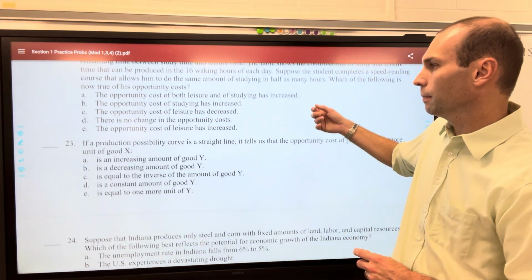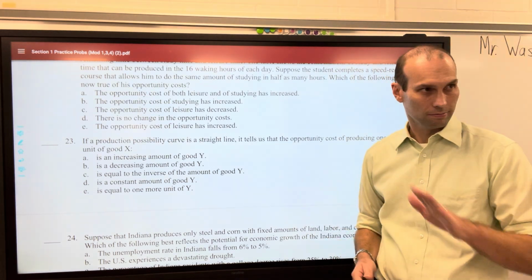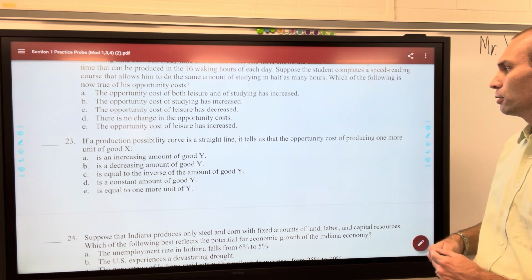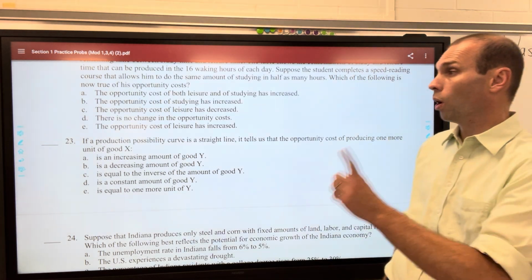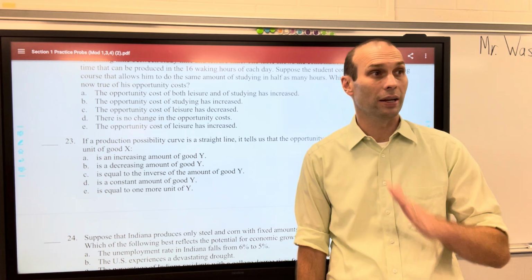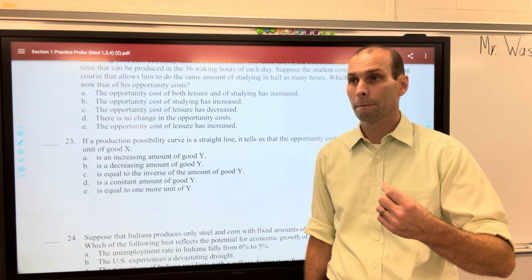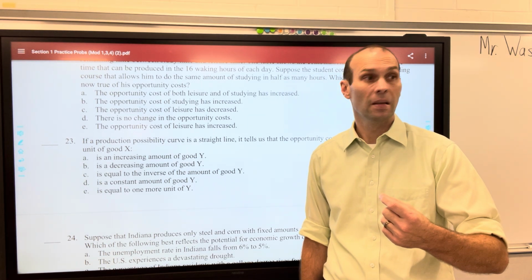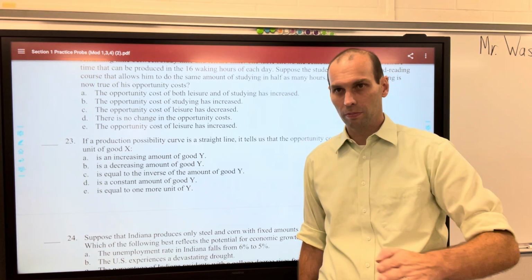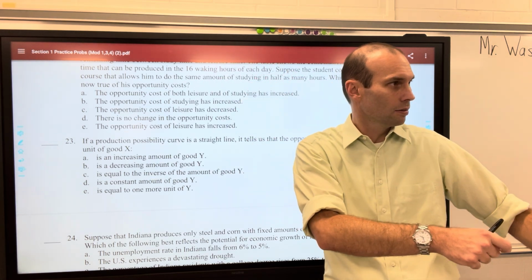If a production possibilities curve is a straight line, it tells us that the opportunity cost of producing one more unit of good X. Well, what do we know about the opportunity cost? Straight line, the opportunity cost must be constant. It would be the slope. Remember cakes and cupcakes? 12 to 1, 12 to 1, 12 to 1, 12 to 1.